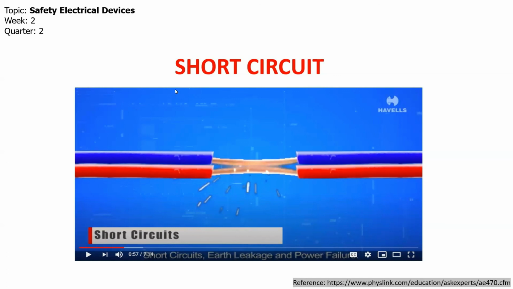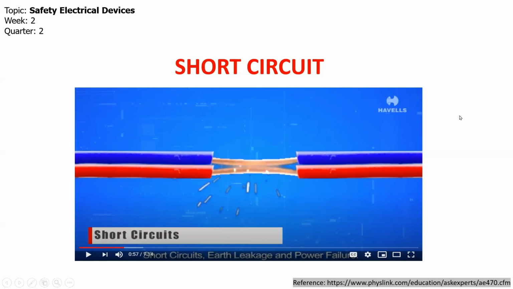Okay? This red one, we usually call this one as hot. The blue one, we call this the neutral. There is a neutral, we can see the electrons coming back to the power source. But there is a hot or sa red wire, there itong electrons that are moving padulong sa tuwang resistance or resistor or sa tuwang bulb. Okay?